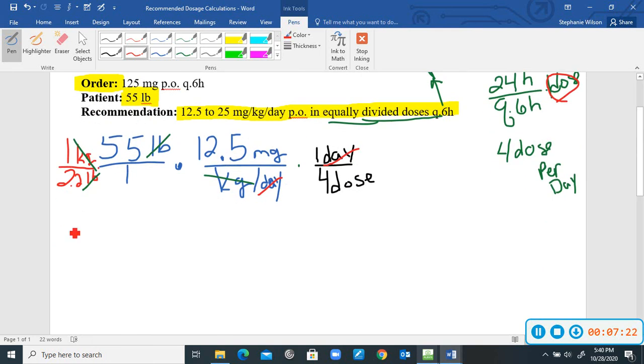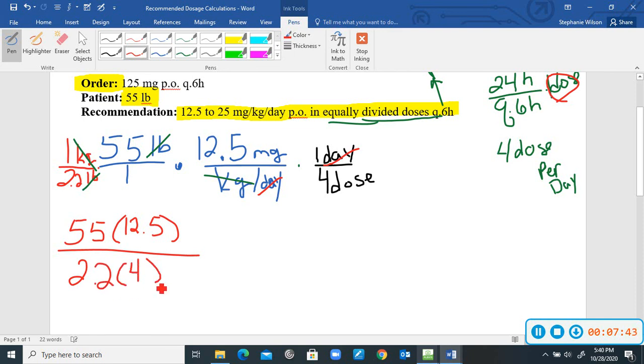So now I have 55 times 12.5 times 1, all divided by 2.2 times 4, and this is milligrams per dose, and this is my minimum.